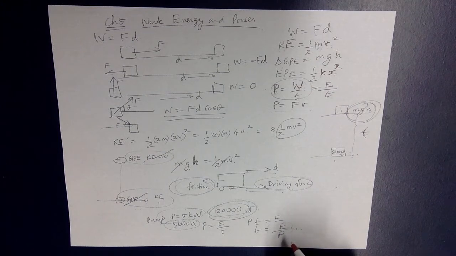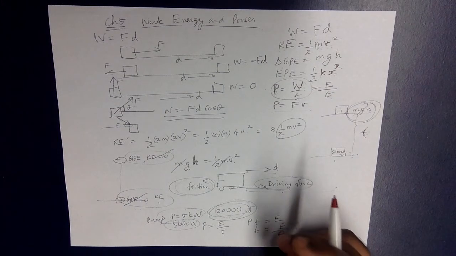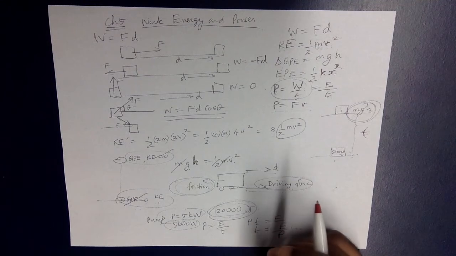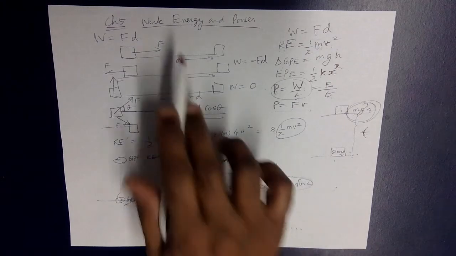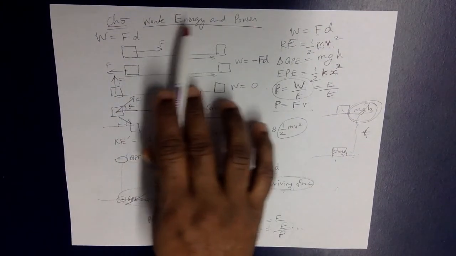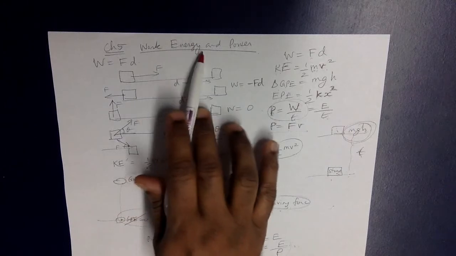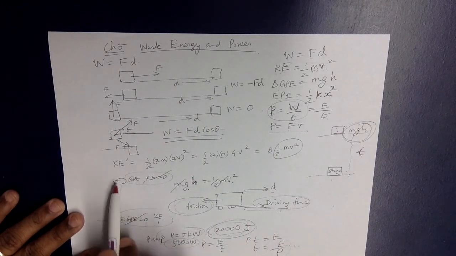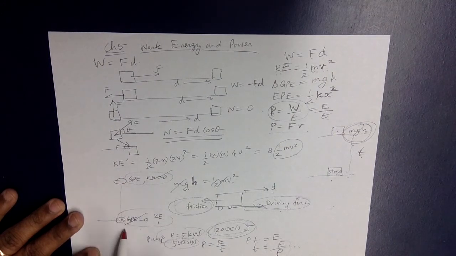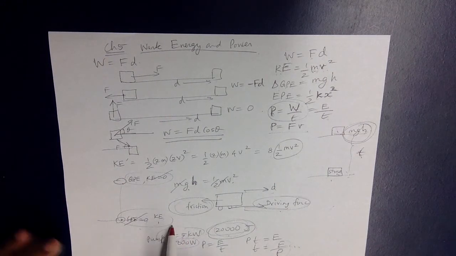So as I said earlier, this test is not going to be testing you with the difficult questions. They're all straightforward questions. All you have to know is the concepts of all these 3 terms and the conservation of energy. So if energy is lost, like when something goes down, it is losing potential energy, so kinetic energy is gained.